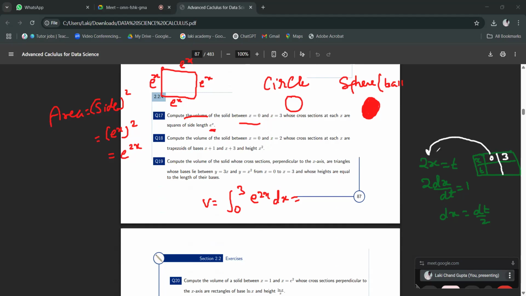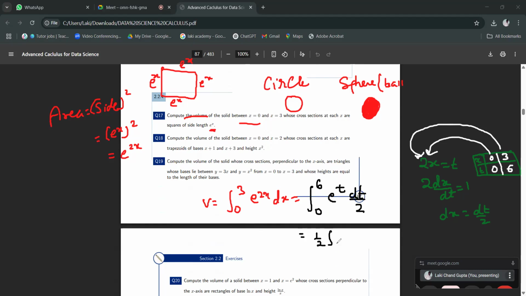When you put 0, t becomes 0. When you put 3, t becomes 6, right? So in the place of 0, write 0. In the place of 3, write 6. And dx is replaced by dt over 2.